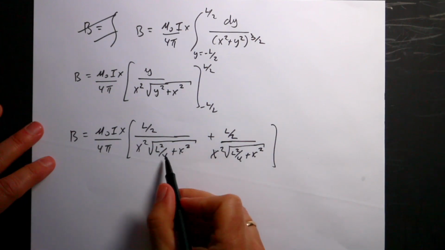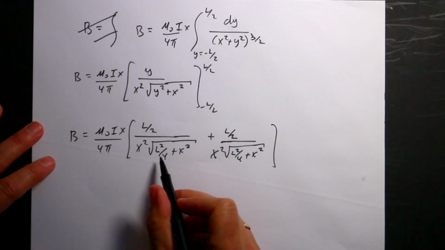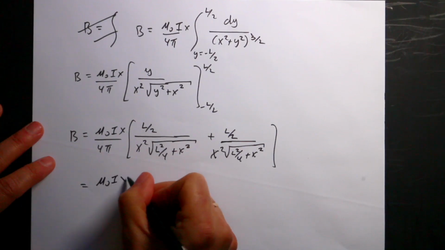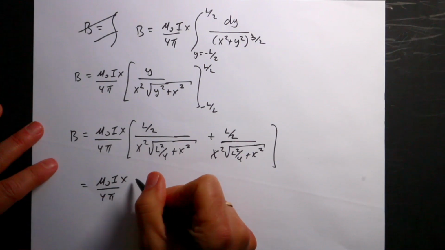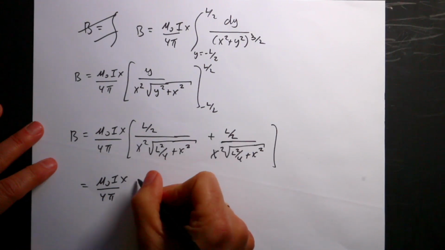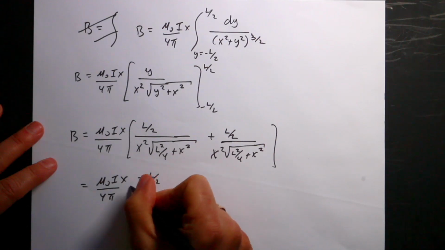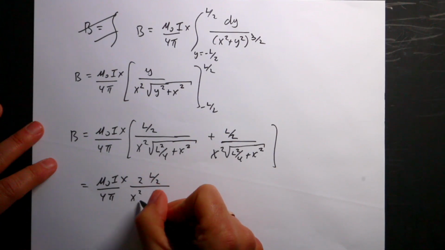Huh. I feel like there's an error here. Mu naught I x over 4 pi. And then I get, let's just write this as 2 times L over 2, over x squared.